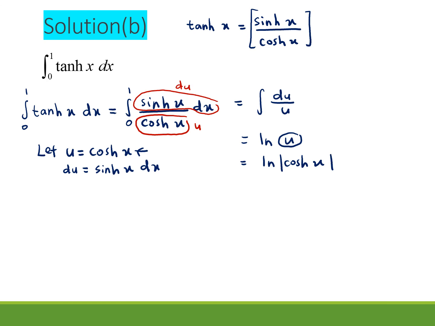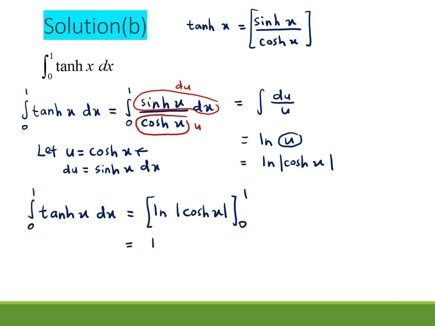Okay, now we have solved the integration of tanh of x. The next step is to substitute into the interval. So I will just rewrite this, where we know that the integration of tanh x is ln cosh of x, where the interval is from 0 up to 1.